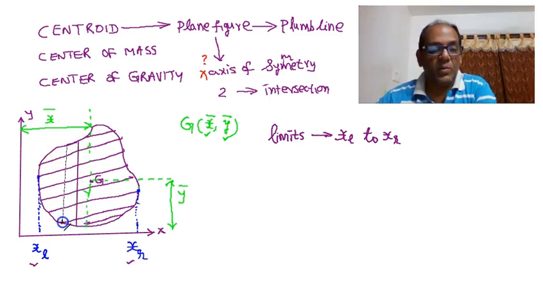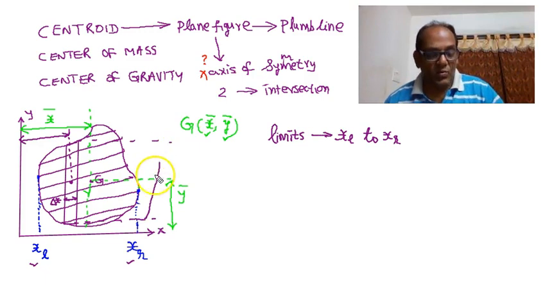Let me draw it real quick. This strip of material we assume is at a distance of x, so we consider its center point, and the center point we say is at a distance of x, and we will say that its thickness, given by this dimension, is delta x, and we will say its height, as given by this, is y.